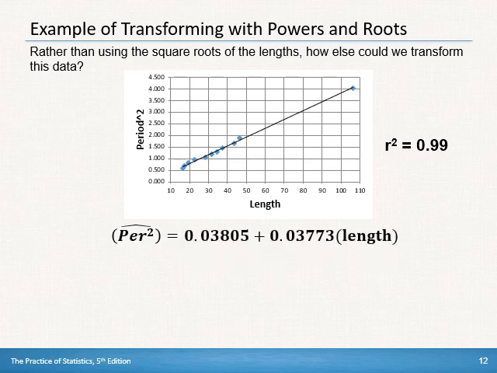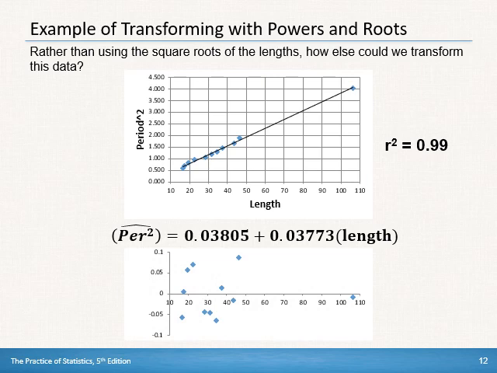And so that gives us, if we did a least squares regression, we could do, like in list 4, we could make list 4 the square of list 2. And then we could use the length data, say we have that in list 1, and plot that against list 4 where we have squared the periods. And then we could also do a linear regression in our calculators based on those two lists.